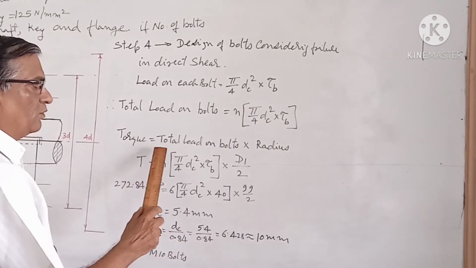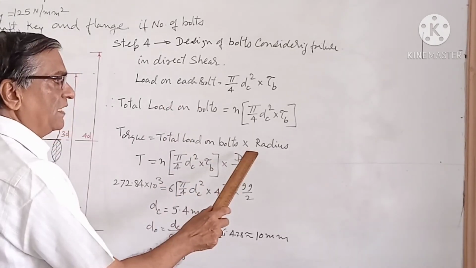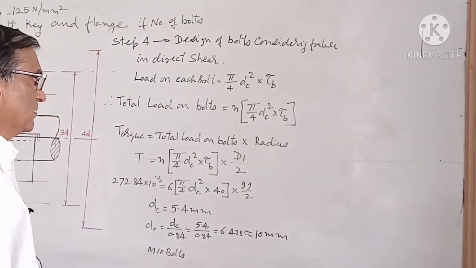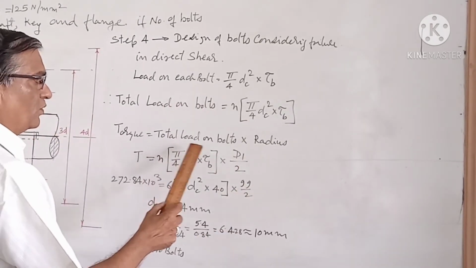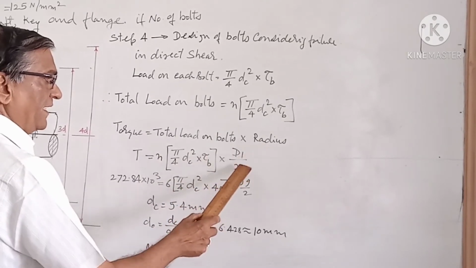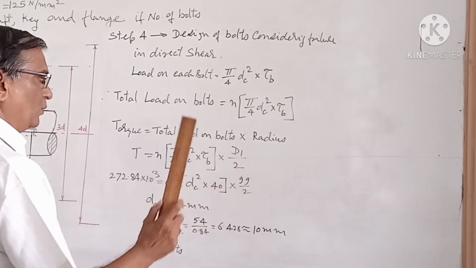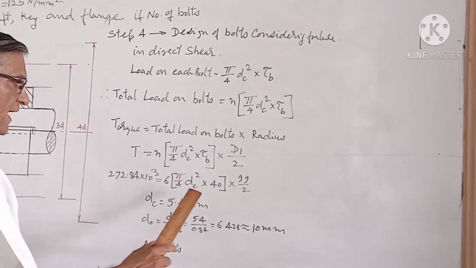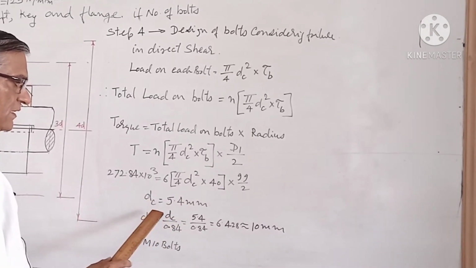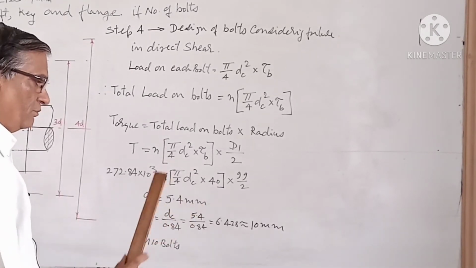Now torque is equal to total load on the bolts multiplied by radius. Putting the values of total load on the bolts and radius, that is D1 by 2, and torque, we will have the value dc is equal to 5.4 millimeter.